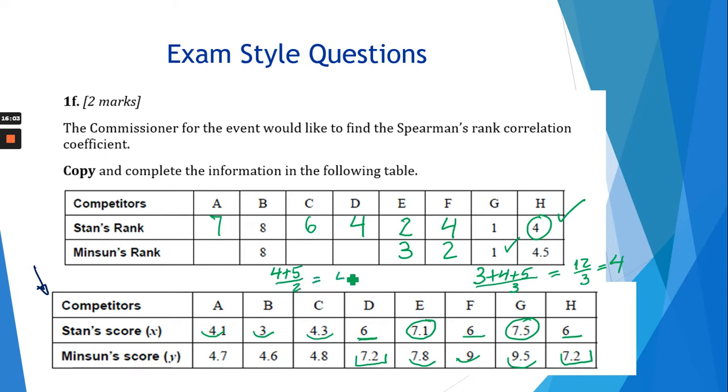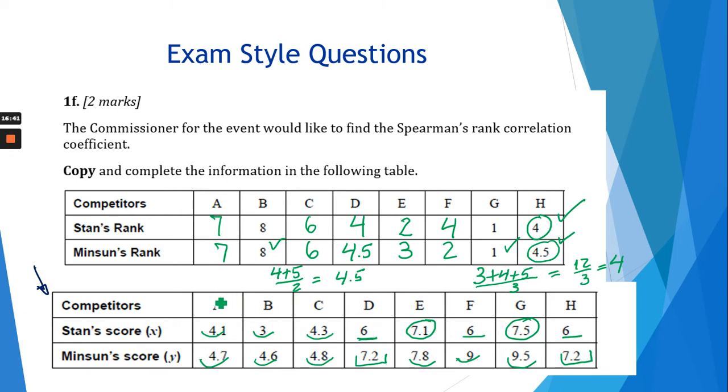So we're going to get 4.5 for both competitors D and H. So 4.5, and H is already here, 4.5, done. Okay, the next ones will be 4.8, which will be the sixth, 4.7, which is the seventh position, and 4.6, which is the eighth here. So now we have the table completed.